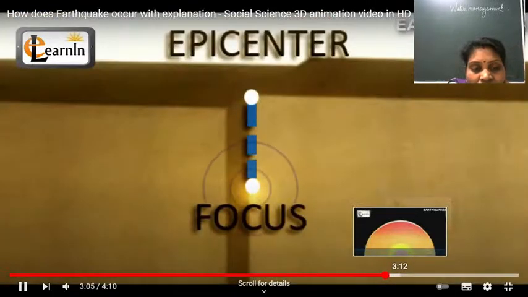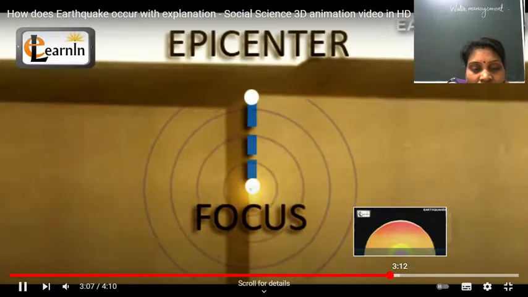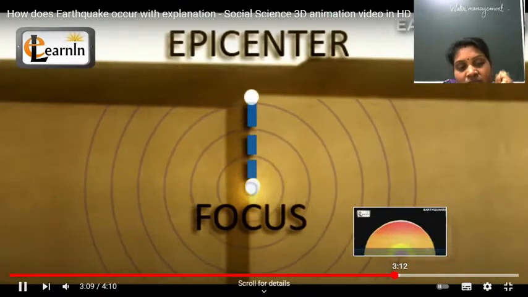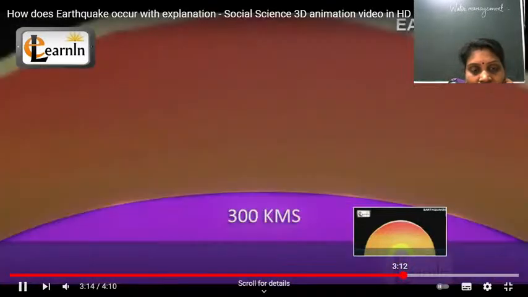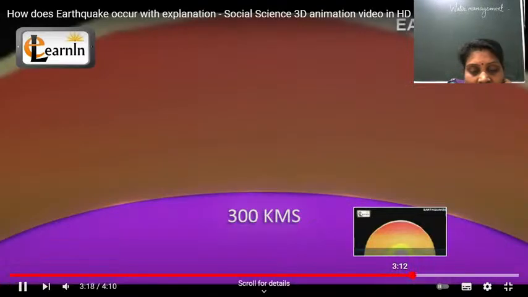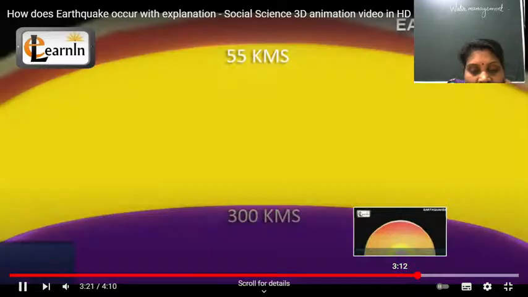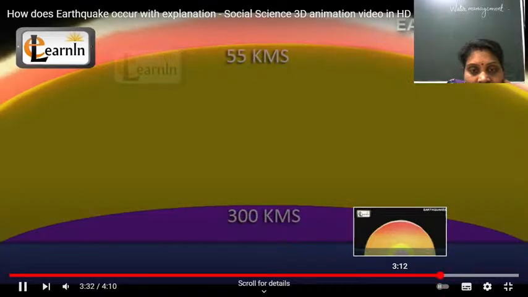Based on the depth of their foci, earthquakes are classified into three types. They are deep focus earthquakes that occur at depths exceeding 300 kilometers, the reasons for which have not yet been identified. Intermediate focus earthquakes with depths of foci ranging between 55 and 300 kilometers. Shallow focus earthquakes with depths lesser than 55 kilometers.